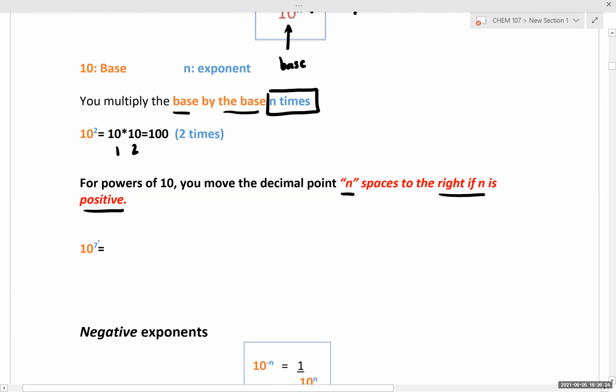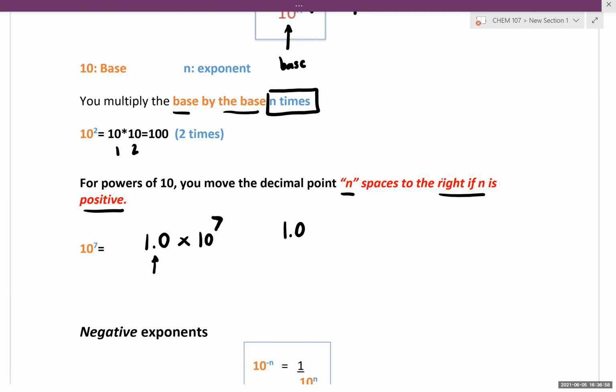So if you have a positive exponent for your power of 10, we write 10 to the 7th as 1.0 times 10 to the 7th. There's always an implied 1 here. We've now written out our decimal point. So we're going to take that decimal point and move it n spaces to the right.